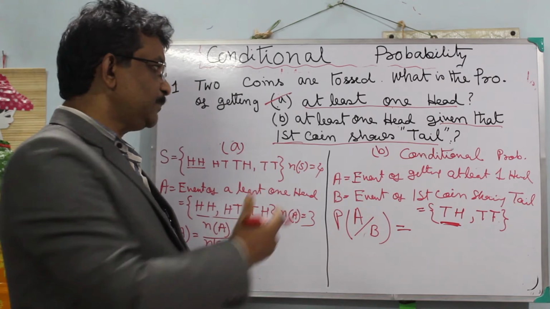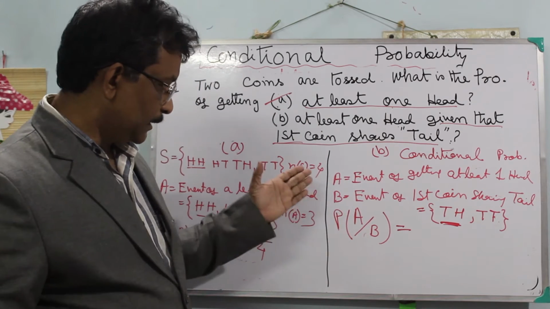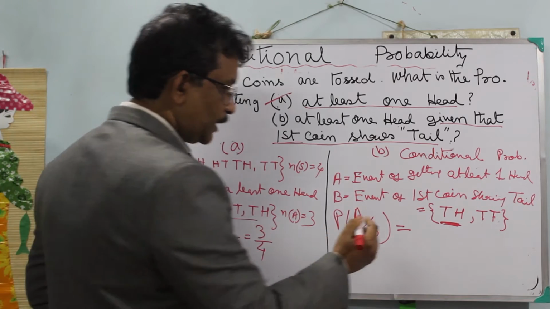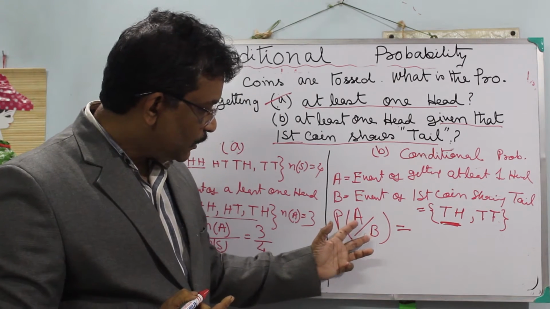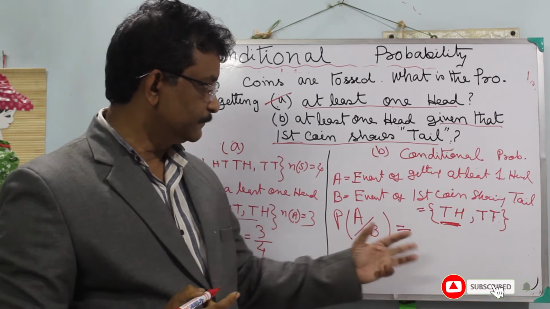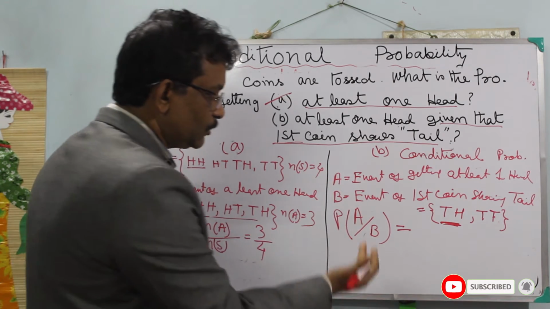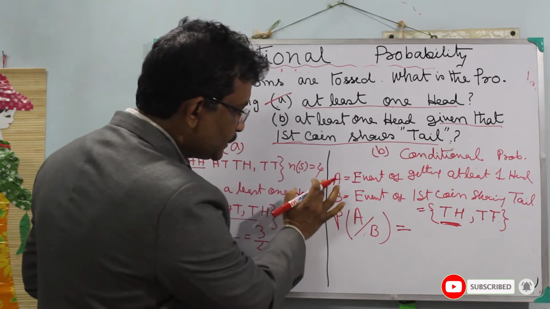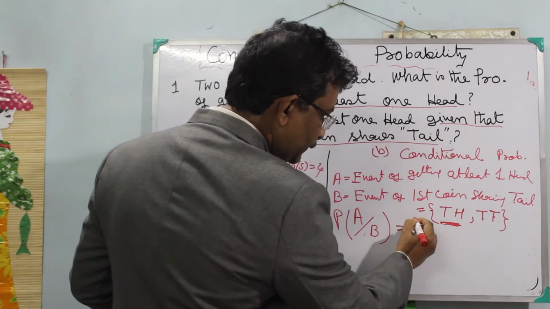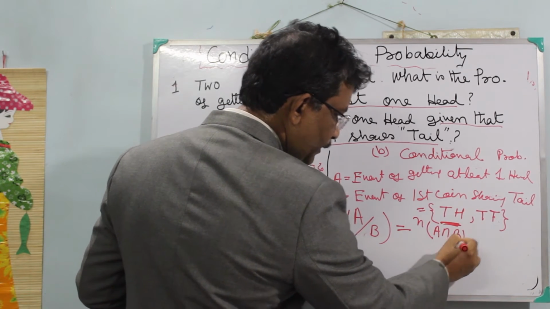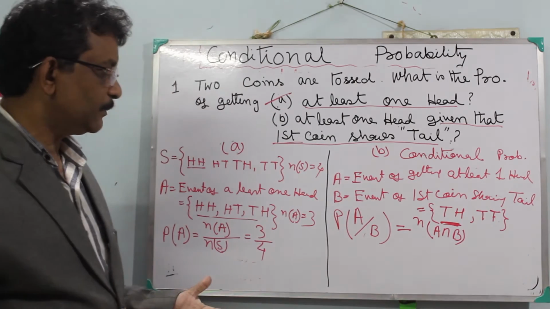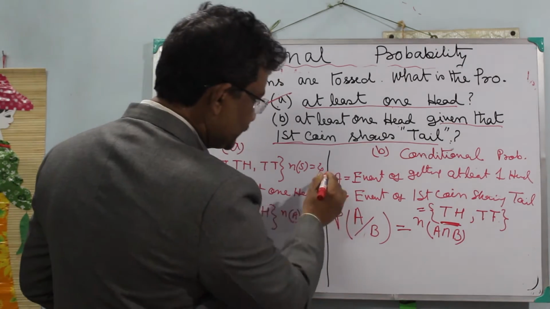So in case of conditional probability, first our target would be to calculate the intersection of A and B, the common part. B has occurred, so what is the intersection of A and B? That means the number of elements of A intersection B. So what is the number of elements of A intersection B?